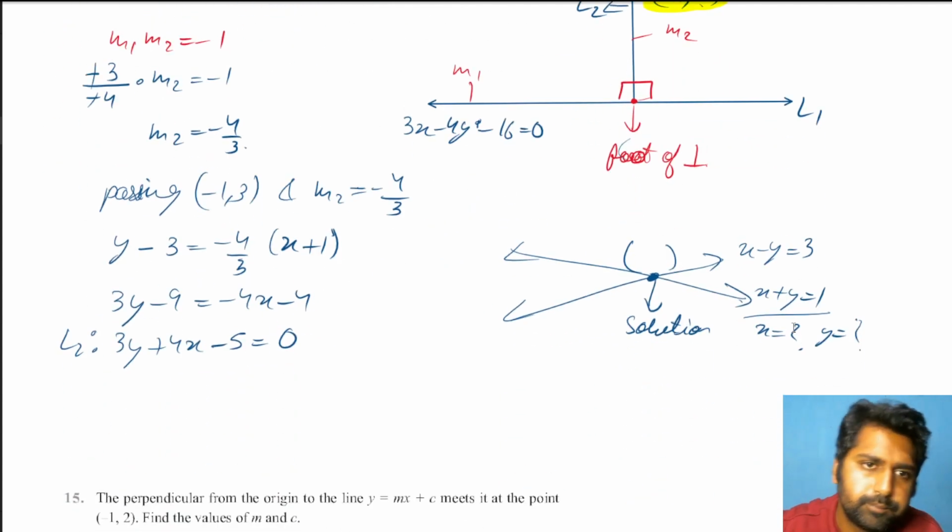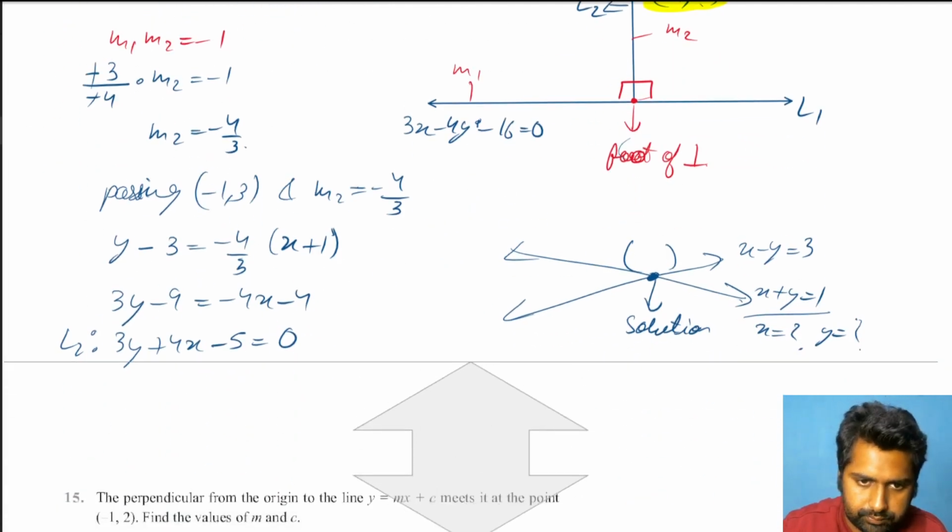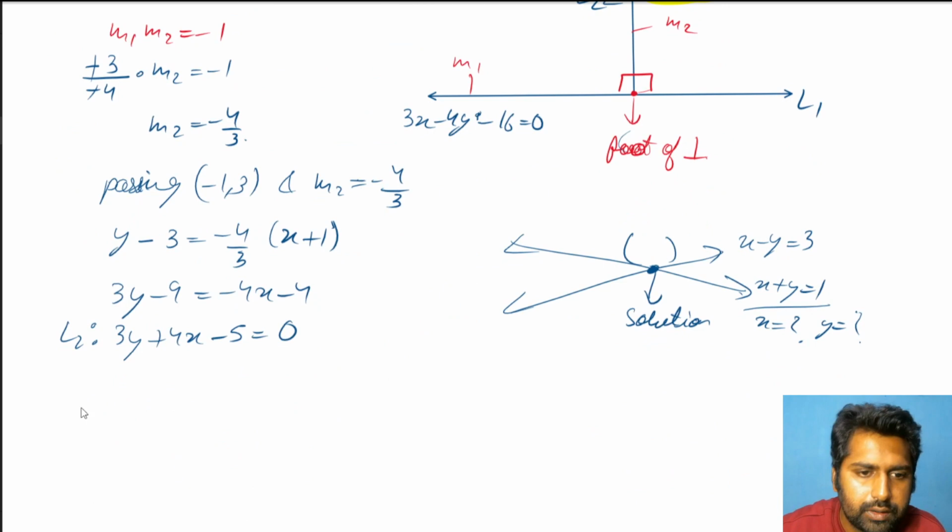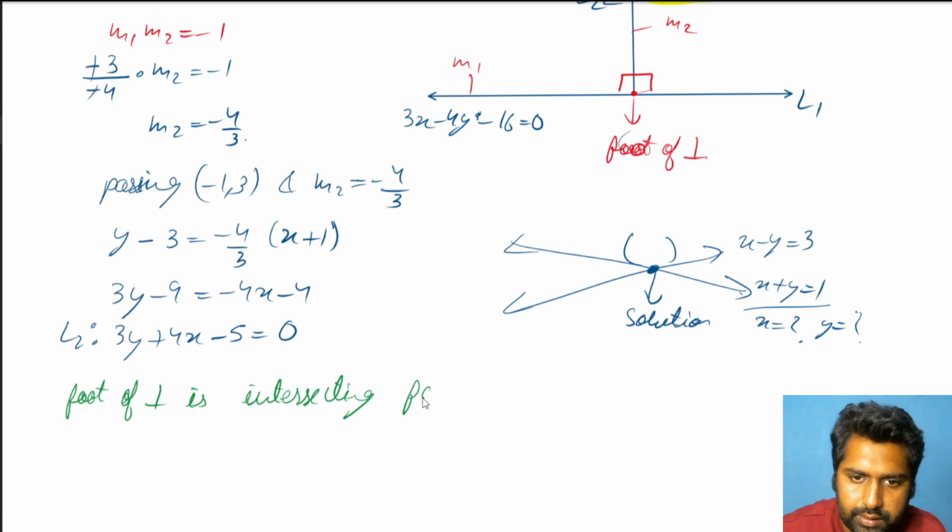I'll write it slowly. Foot of perpendicular is the intersecting point of L1 and L2.